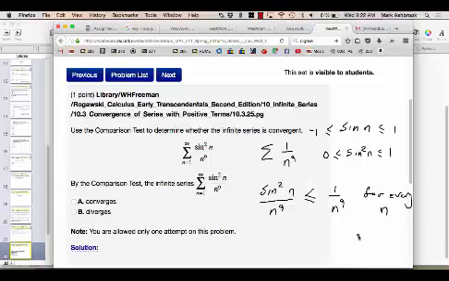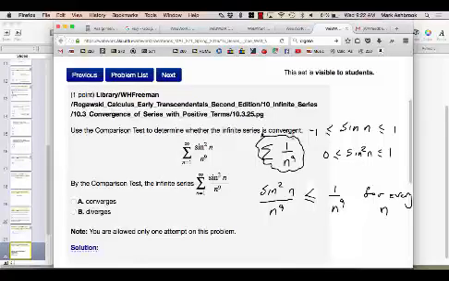Okay, and what do we know about the series 1 over n to the ninth? Convergent or divergent? Convergent p series, because 9 is greater than 1. That's our convergent p series, 1 over n to the p. And so now our series has all terms that are less than or equal to the terms of a convergent series.